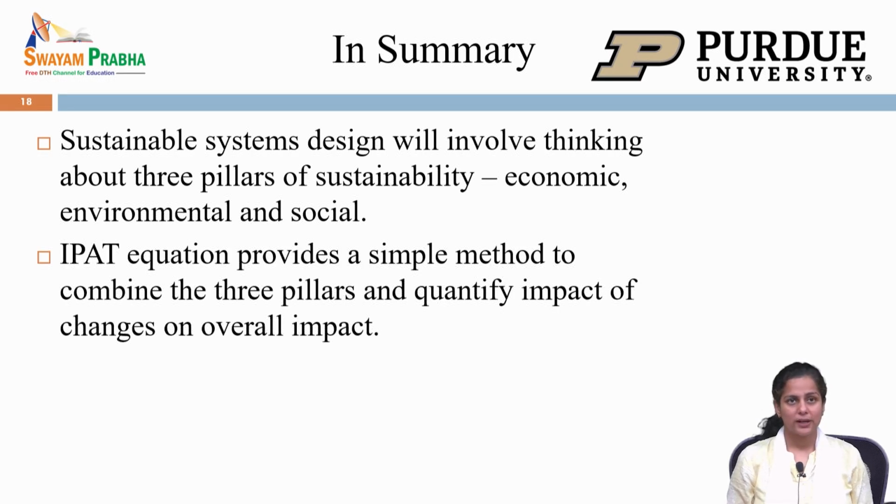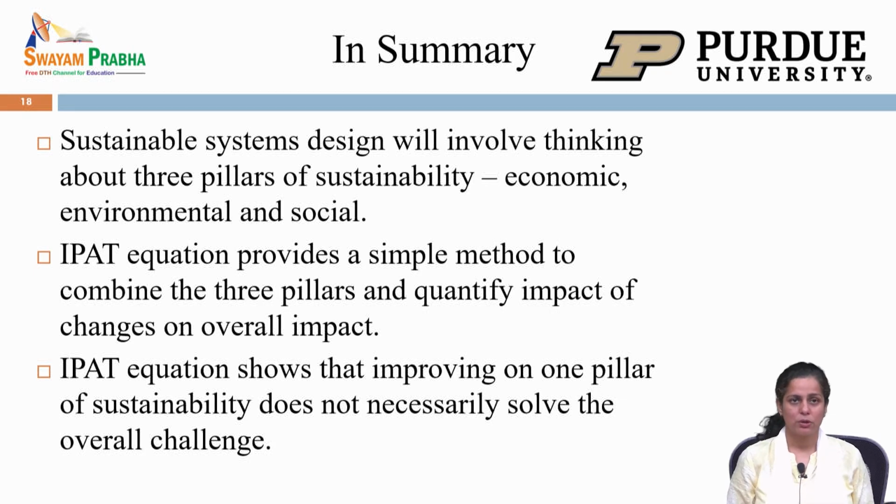The IPAT equation provides a simple method to combine the three pillars and quantify the impact of changes on overall impact. It also shows that improving on one pillar does not necessarily solve the overall challenge. There are other aspects we need to consider if we want to design sustainable systems.